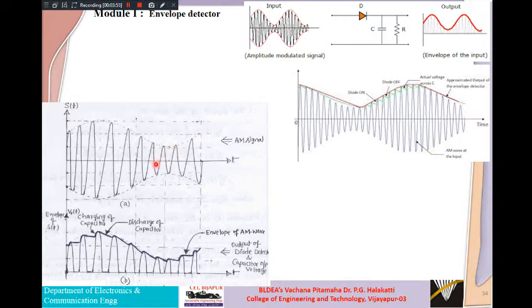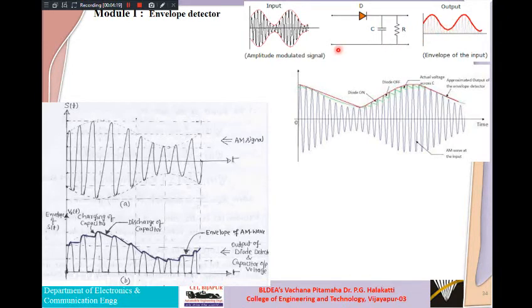This envelope, meaning the message signal, we need to identify. That AM signal will be given as input to this ideal switching element and RC filter. The output, you can see, we are getting only the envelope. That output we need to get.